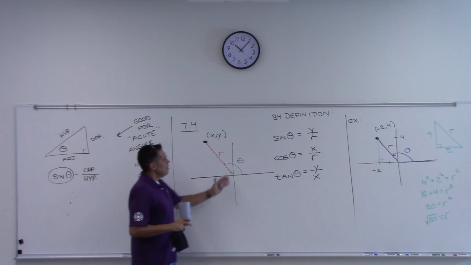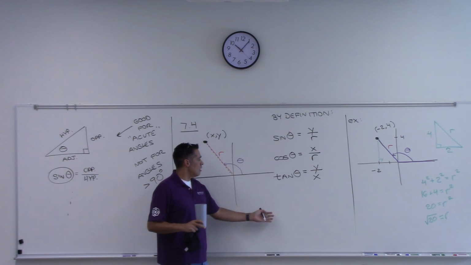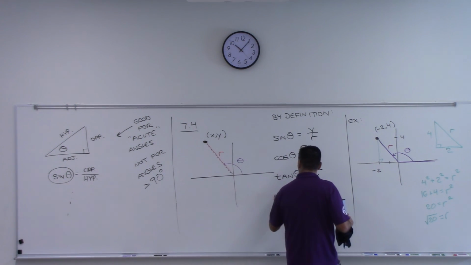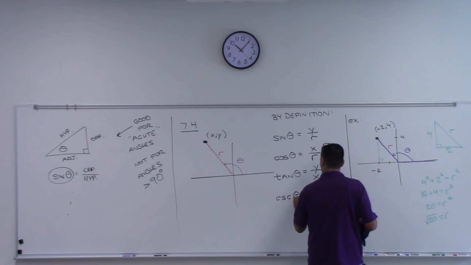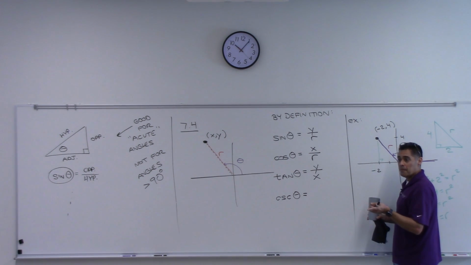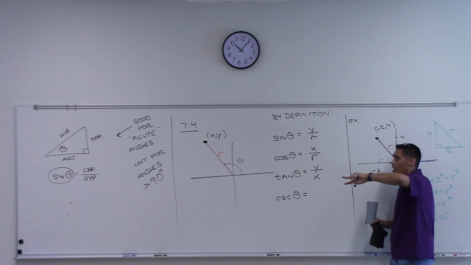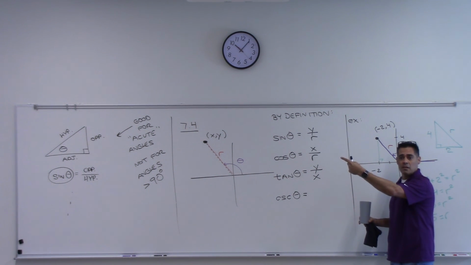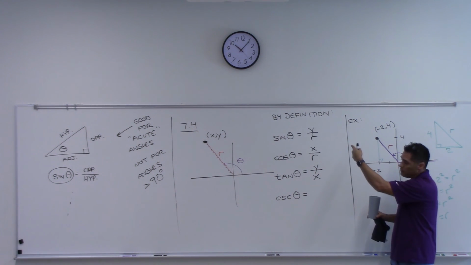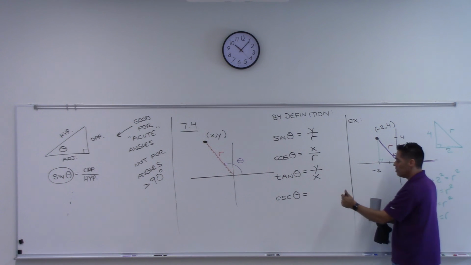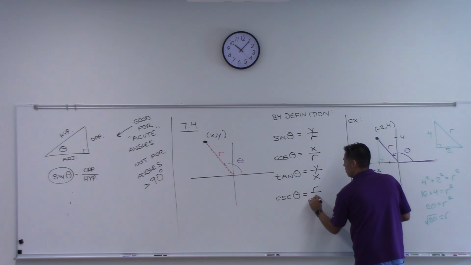Okay. What do you think the other 3 trig functions are? Like, what do you think cosecant of theta would be? It's 1 over sine, the reciprocal of sine. And what's sine? Y over r, so cosecant should be r over y.